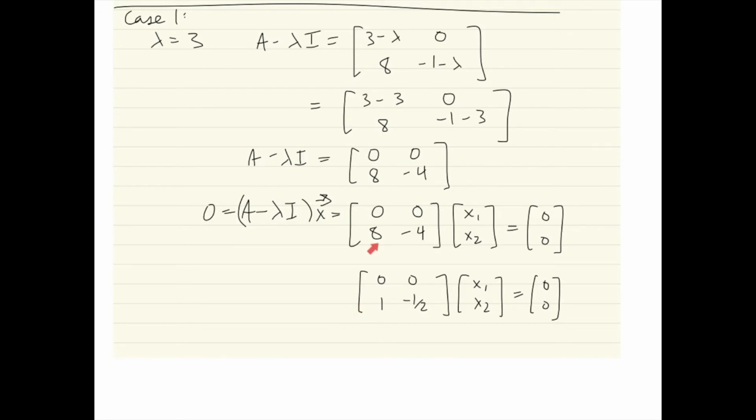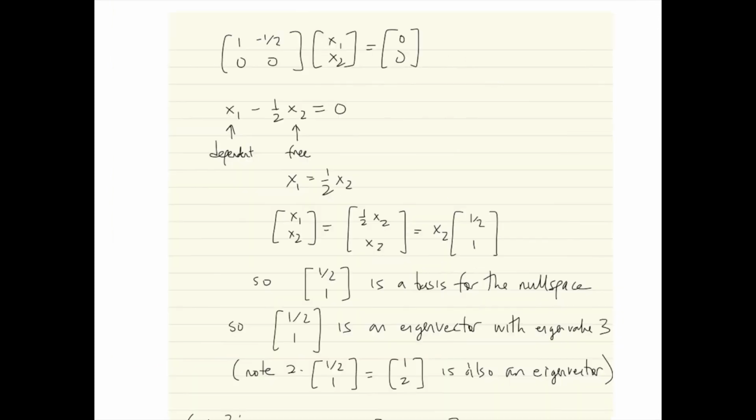divide through by 8 to get this pivot 1, then move that row up as the first row, and so we've now got the row reduced form. Then we can see that x1 minus 1/2 x2 has to equal 0. x1 is a dependent variable and x2 is a free variable, so x1 equals 1/2 x2 are the solutions for what x can be.